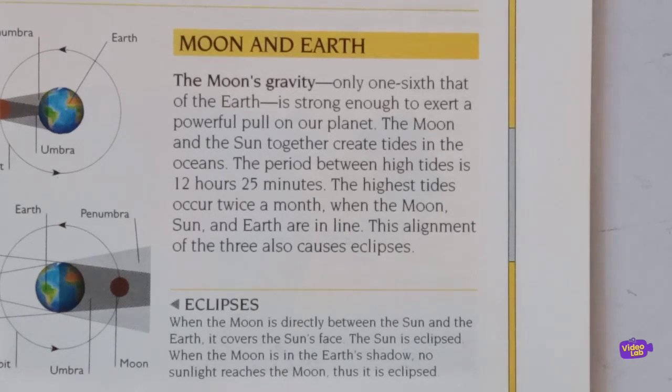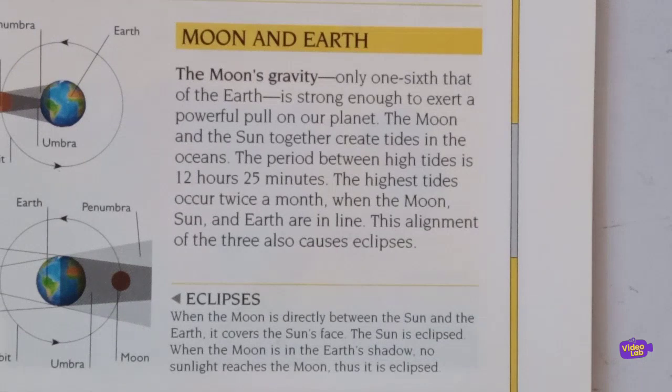The moon and the sun together create tides in the oceans. The period between high tides is 12 hours 25 minutes. The highest tides occur twice a month. When the moon, sun, and the earth are aligned, this alignment of the three also causes eclipses.